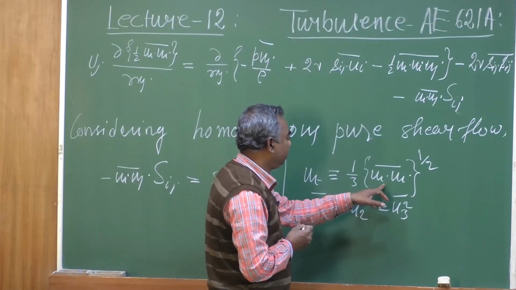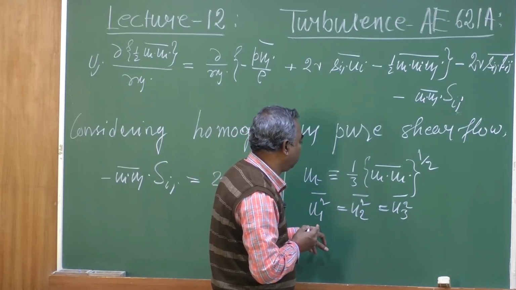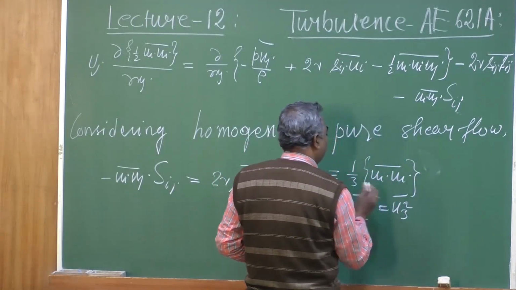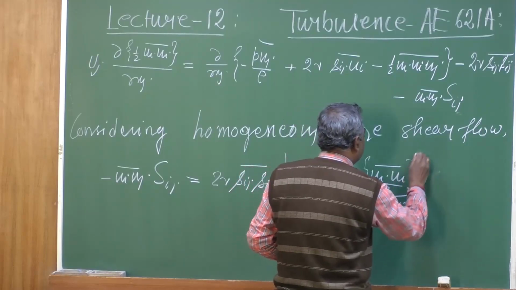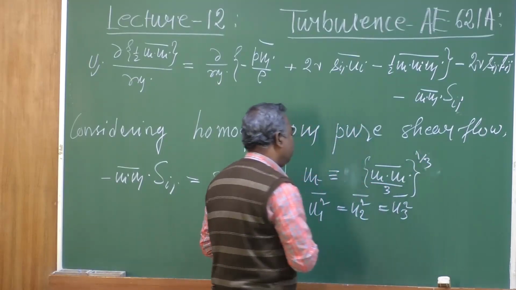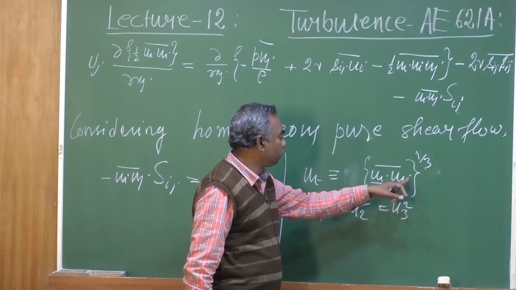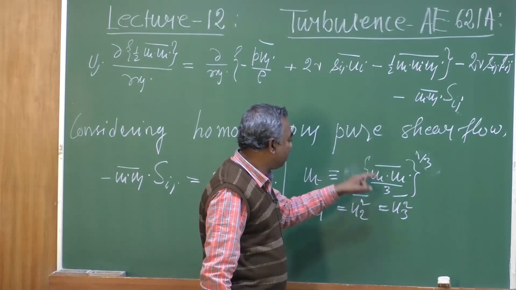If I take the 1/3 outside, this is u1 square plus u2 square plus u3 square divided by 3.